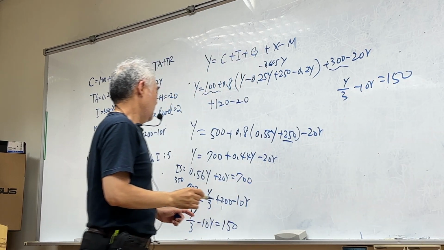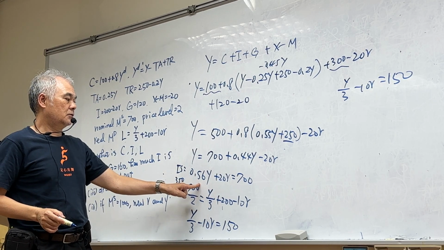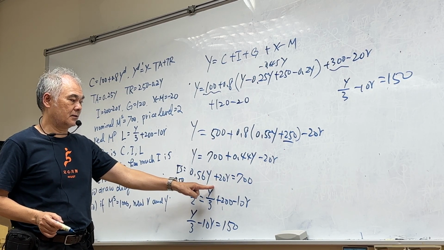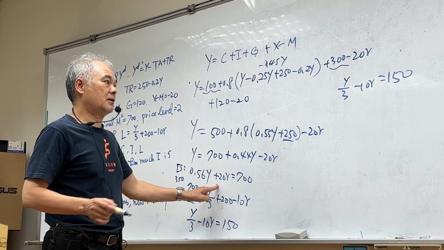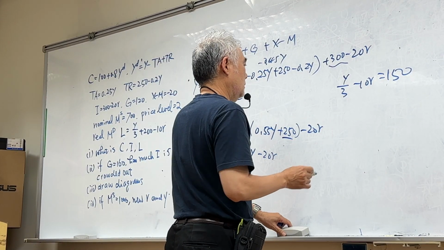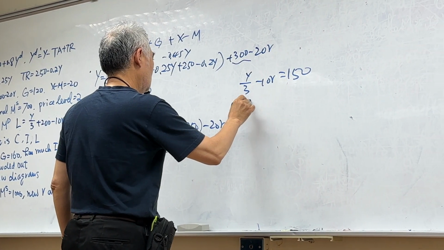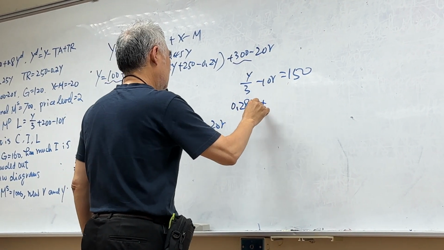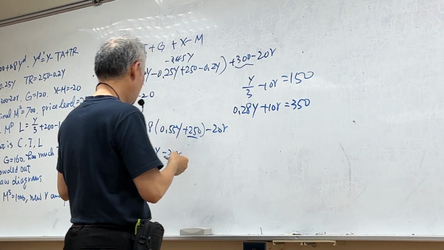Okay? And then you have here 0.56y plus 20r is equal to 700. And let me make it this way. So this will be 0.28y plus 10r is equal to 350. Okay?